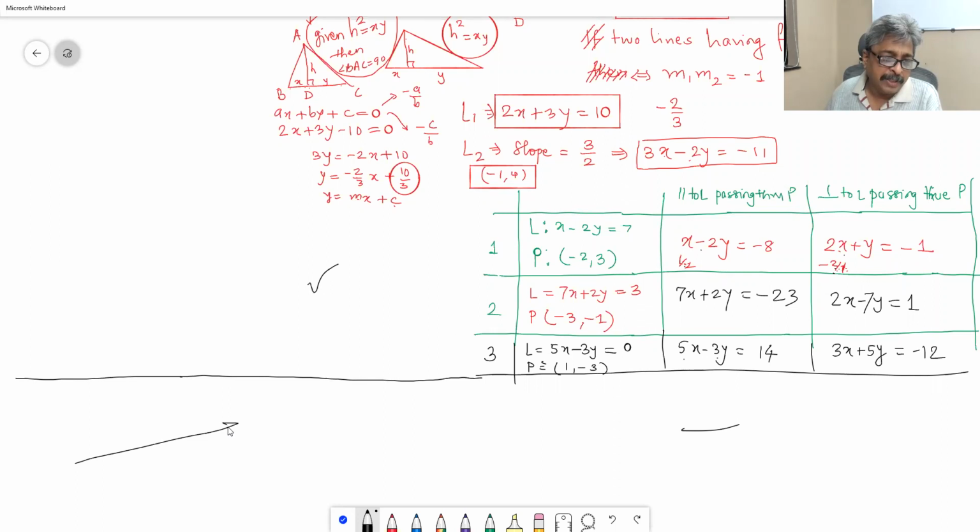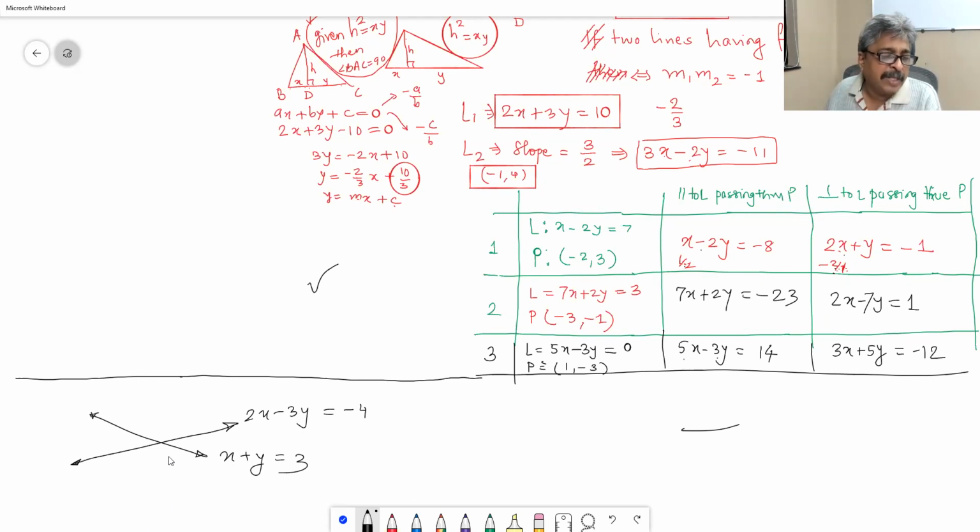Now, suppose there is one line whose equation is known to me: 2x minus 3y is equal to minus 4. And there is another line whose equation is x plus y is equal to 3.